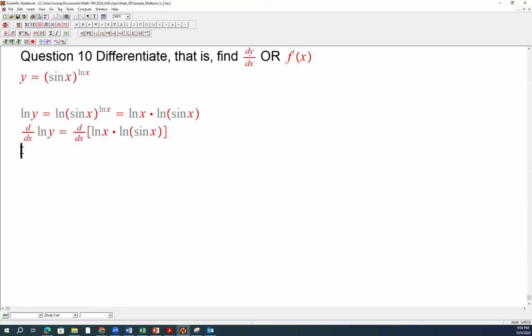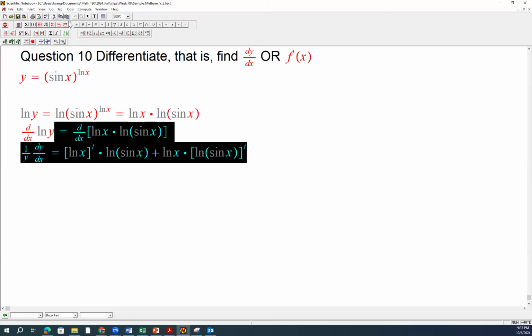On the left-hand side, we know it's just going to be 1 over y dy dx, implicit differentiation. On the right-hand side is going to be the product rule. So differentiating on that part and differentiating on the other part.